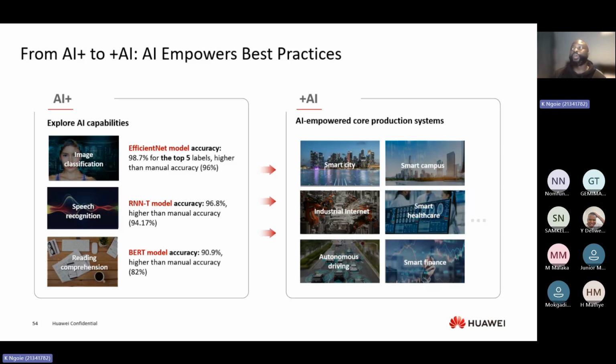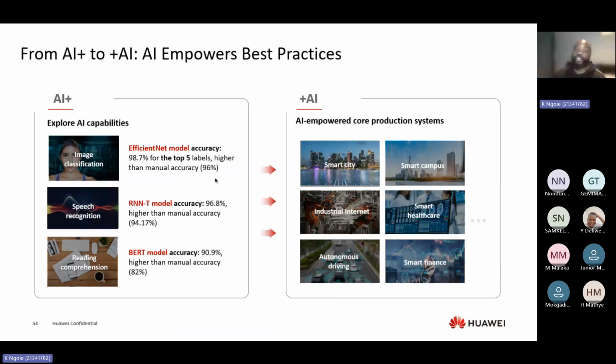So now we have such models, such as EfficientNet. This EfficientNet model is basically a model that can be evaluated to about 98% accuracy in terms of classifying images, which is higher than the accuracy you can get manually.